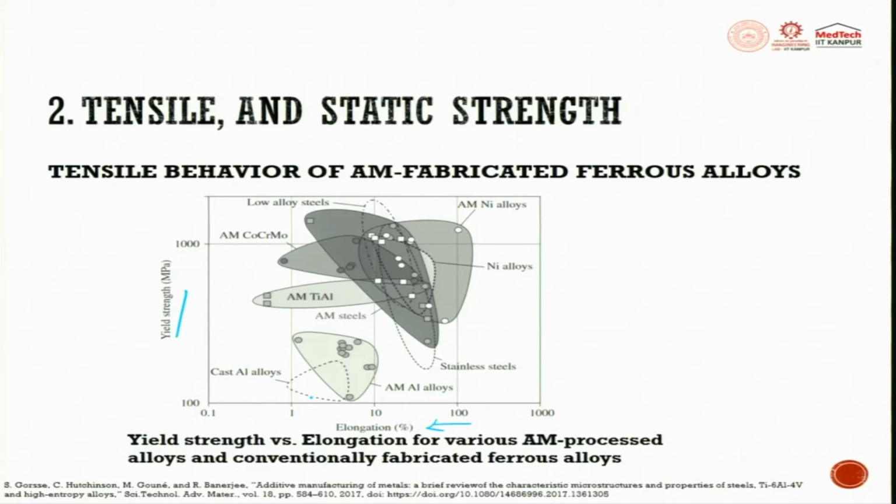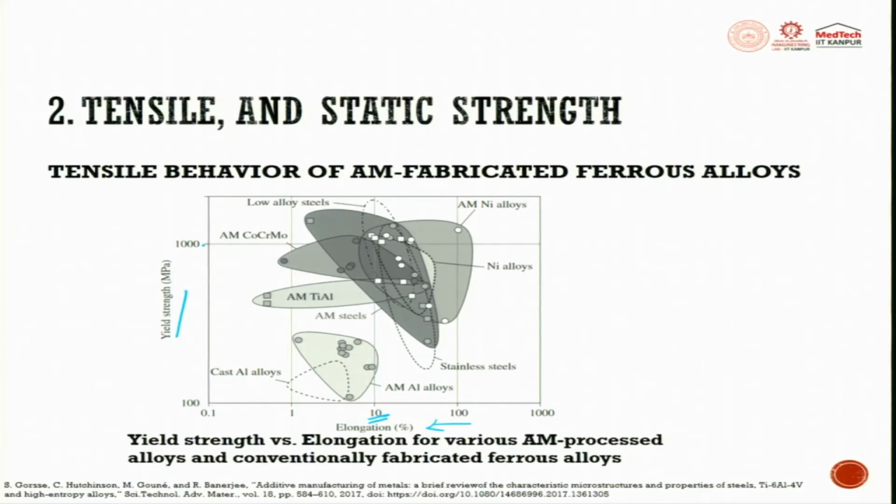Here, if you see, the ferrous low alloy steel is here, this is additive manufactured nickel alloy, it is here, and stainless steel is here. For example, tomorrow you decide I want an elongation of 10% and a yield strength of maybe 1000 megapascal.